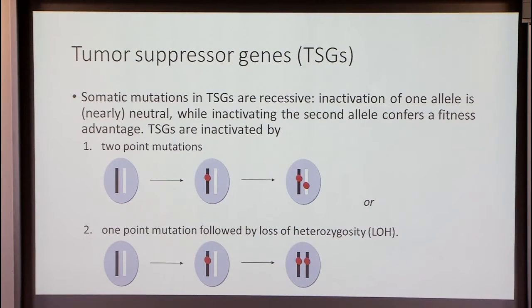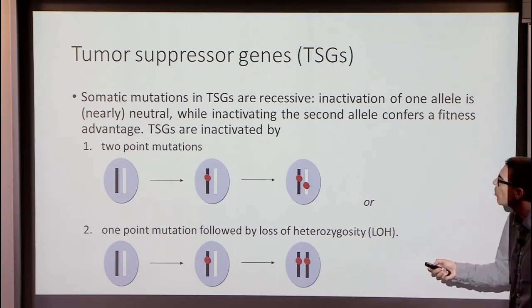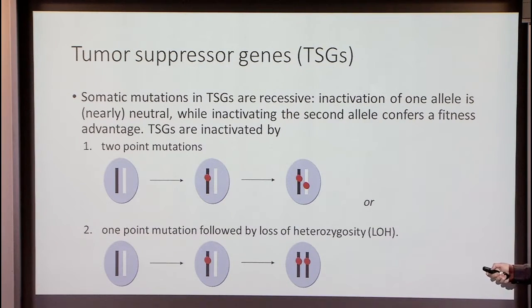Now, the other class of driver genes are the tumor suppressor genes, and these are genes that protect you from cancer. They are recessive, so in order to inactivate them, you need two events. For example, two point mutations, one on one chromosome and the other on the other chromosome.